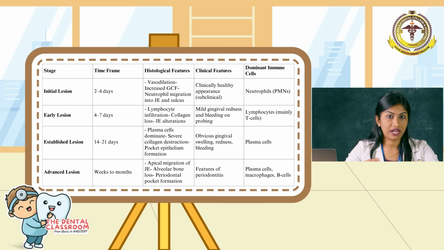The junctional epithelium, which is the attachment of the gingiva to the tooth structure, is going to alter and proliferate apically, causing pocket formation or deeper pockets, bone loss or loss of attachment. These changes happen in the advanced lesion, which is categorized as periodontitis, that is, inflammation of the periodontal connective tissue structures. And here the dominant immune cells are plasma cells and B lymphocytes.